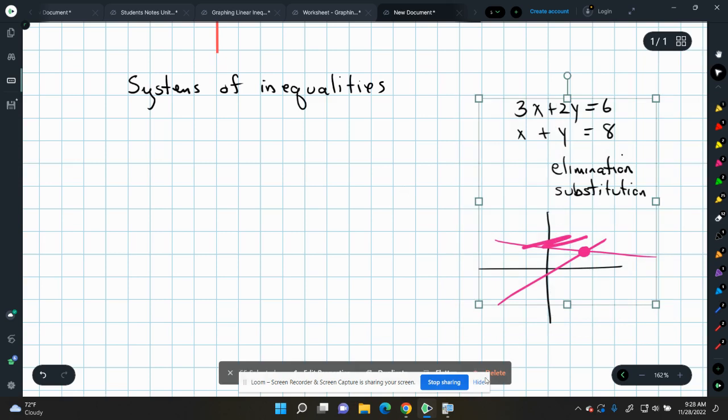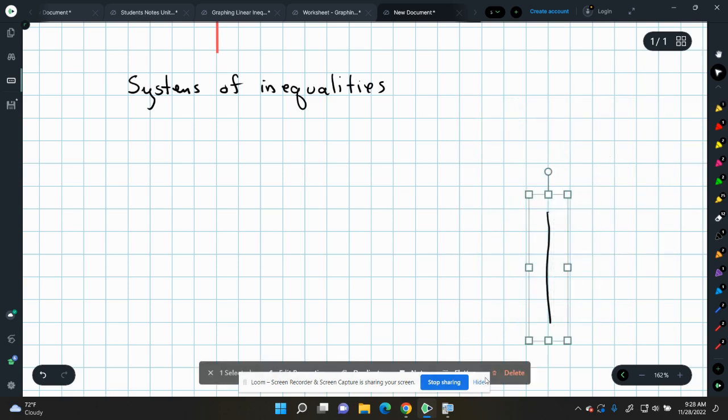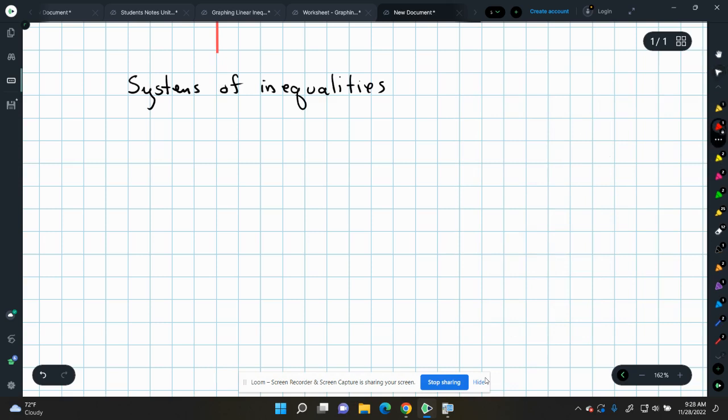Let me see here if I can give you an example. Okay, so let's look at, I'm going to give them to you in the correct form to start with. I'll already have the y isolated. Let's do y is less than or equal to negative 1/3 x plus 3. And y is greater than, do a different color, greater than x minus 1.